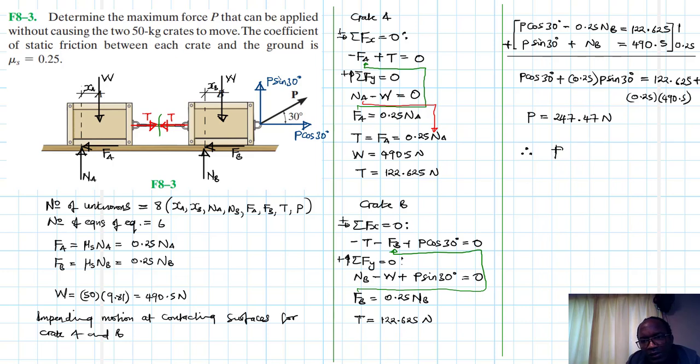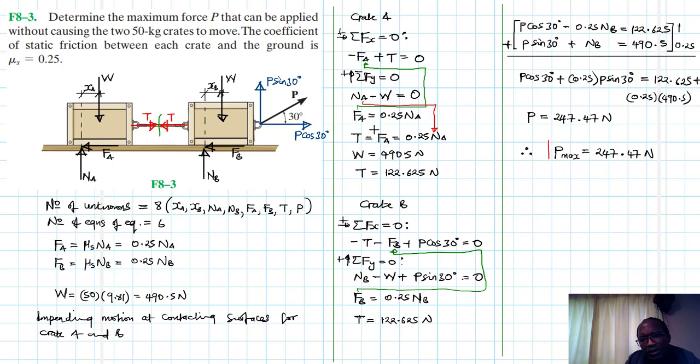So therefore, since this is what we wanted, our value of P max, that we need to apply without causing the two crates to move, is equal to 247.47 newtons. Okay, I think we are done.